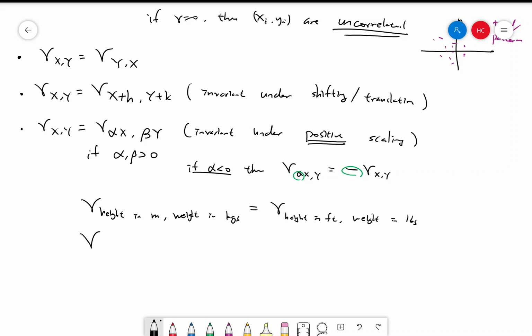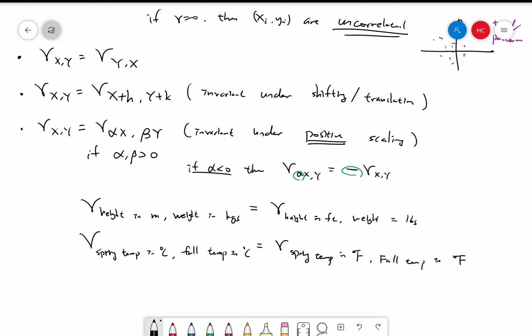Same thing if you want to calculate, let's say, spring temperature in Celsius versus fall temperature in Celsius. This is going to be the same as the correlation between spring temperature in Fahrenheit versus fall temperature in Fahrenheit. Because when you convert between Celsius and Fahrenheit, all you do is multiply by a positive constant and add or subtract another constant.